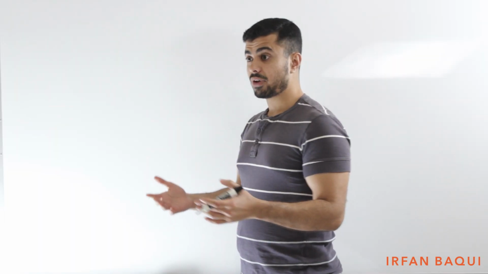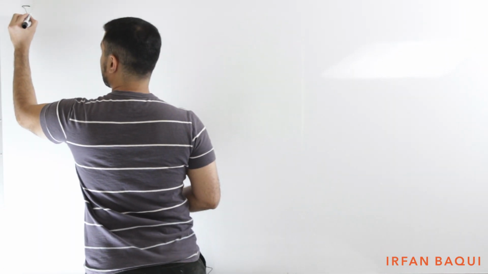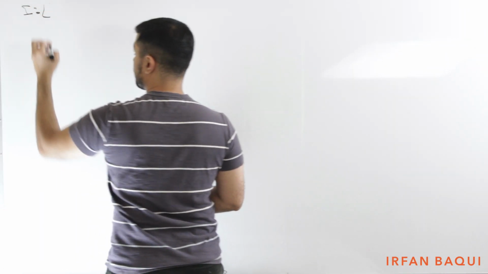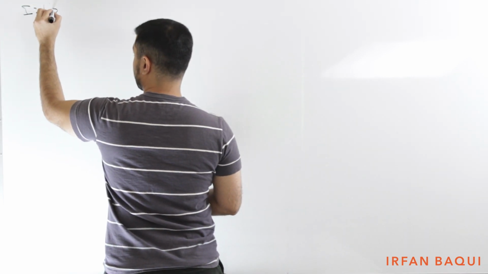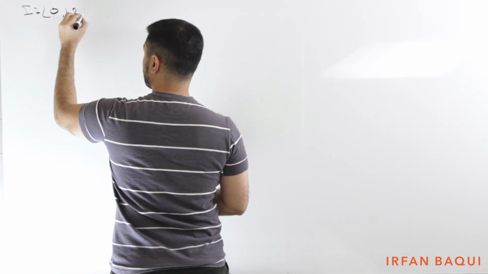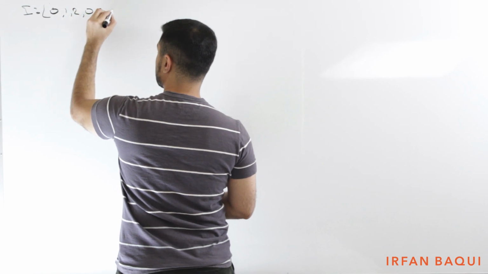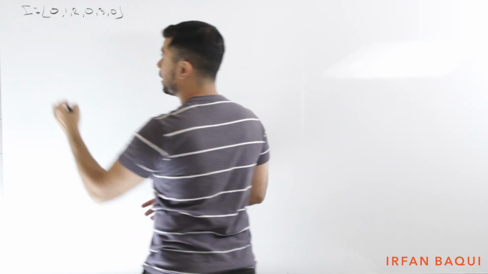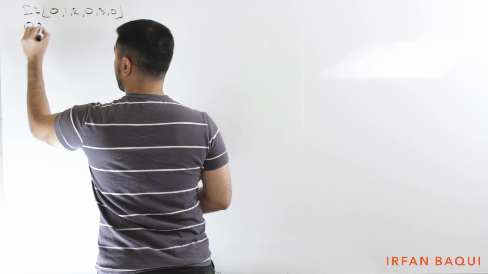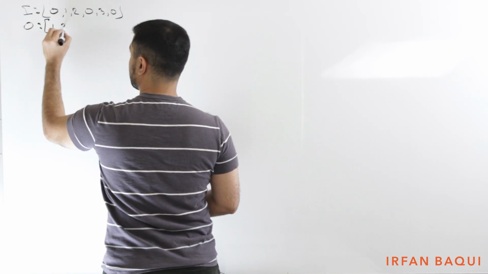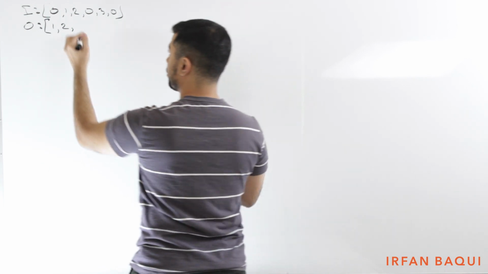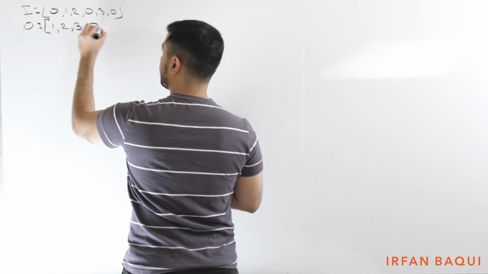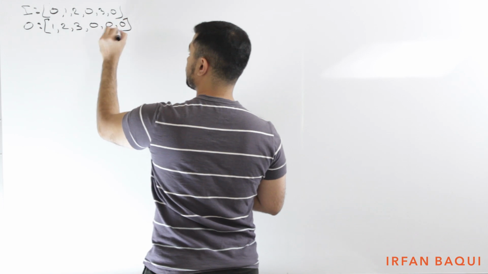So let's say we have an input array of integers, with an input of 0, 1, 2, 0, 3, 0. And the output then should be an array that has all of the non-zero elements to the left and all of the zeros to the right. Correct. 3 zeros to the right.